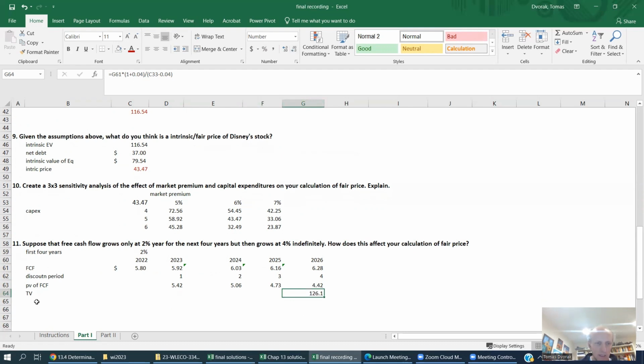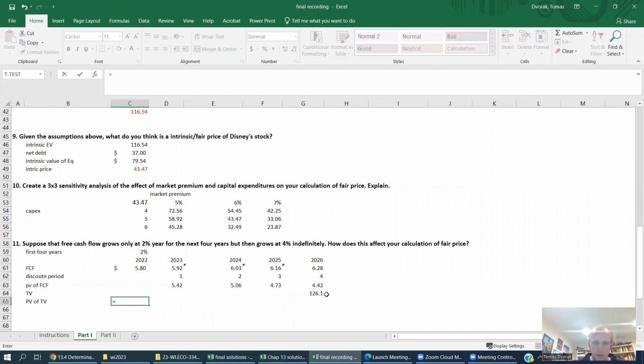Of course, I need to calculate the present value of the terminal value. So sure, let's do that. PV of TV, and that's going to be discounted 4 times.